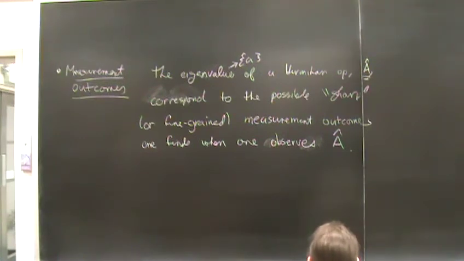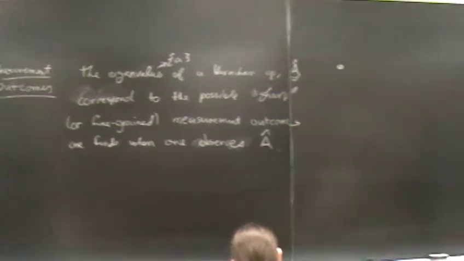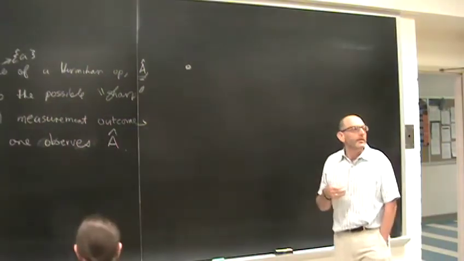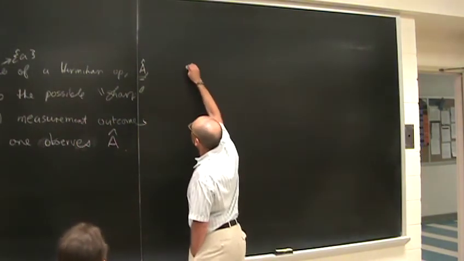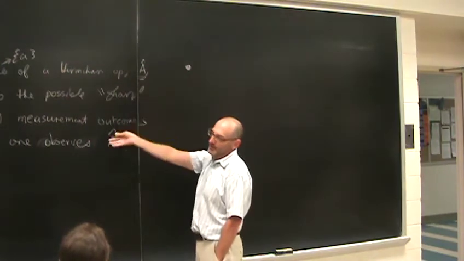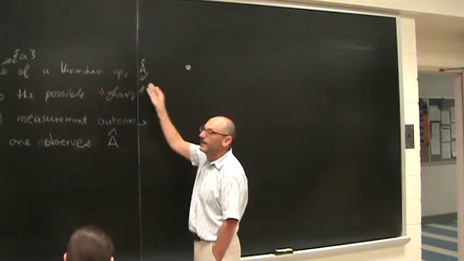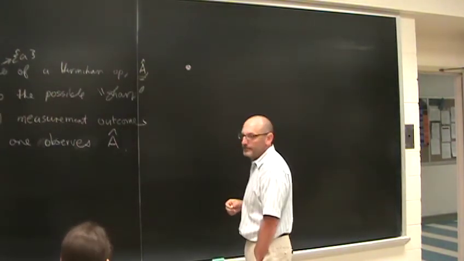Okay. And now we come to an important rule. What we said is the goal here is to predict the outcomes of experiments. Okay? So we do an experiment somehow, we haven't said what this is exactly, just some device that does this thing, and it finds one of the eigenvalues.